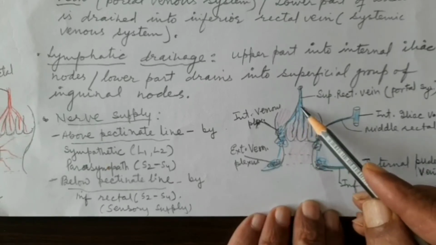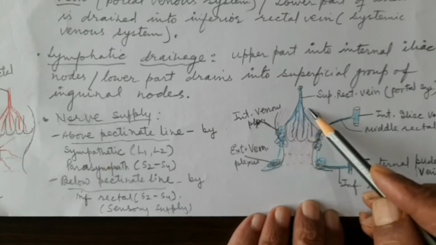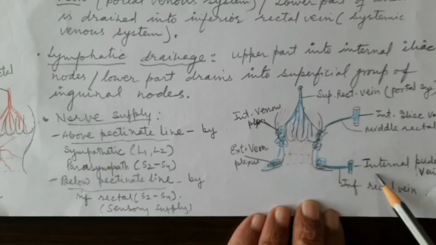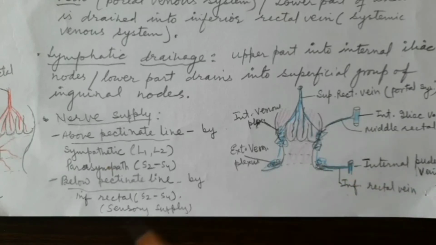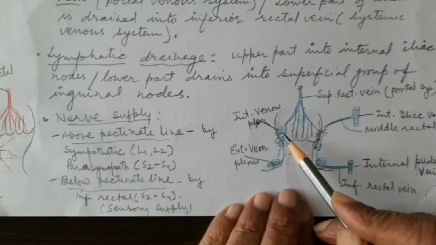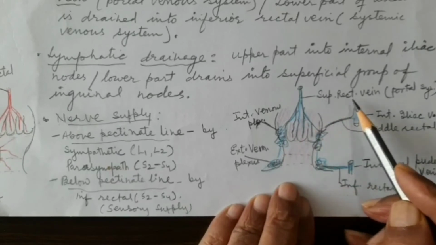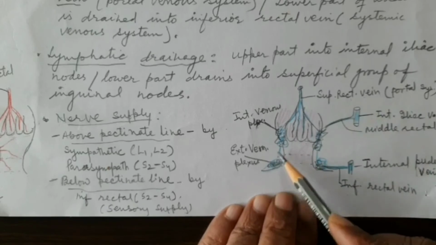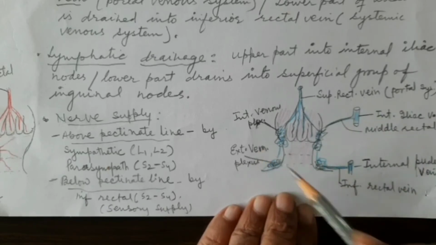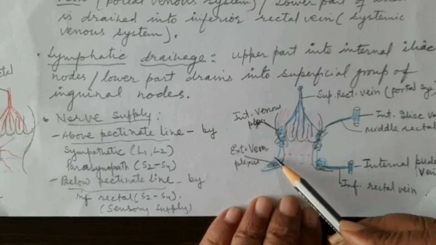There is a communication between the tributaries of the superior rectal vein and the inferior rectal vein. So there is a portocaval communication. This is in the internal venous plexus, between the tributaries of the superior rectal vein and the tributaries of the inferior rectal vein.